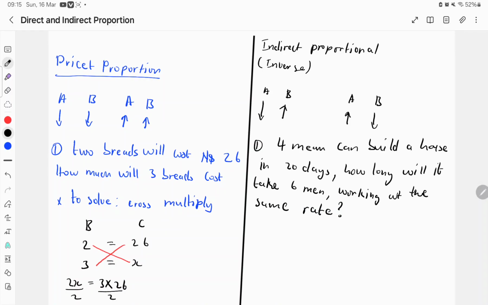Meaning, how long will it take 6 men to build the same house working at the same rate? You see, that's how the question is.